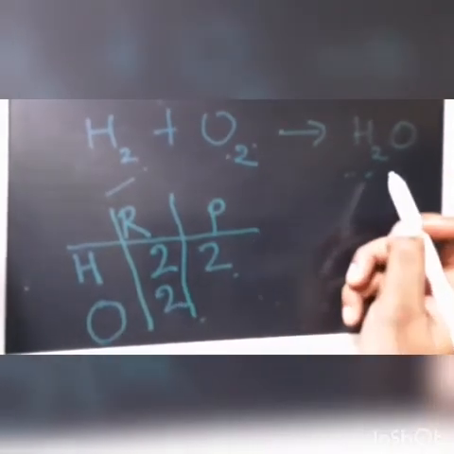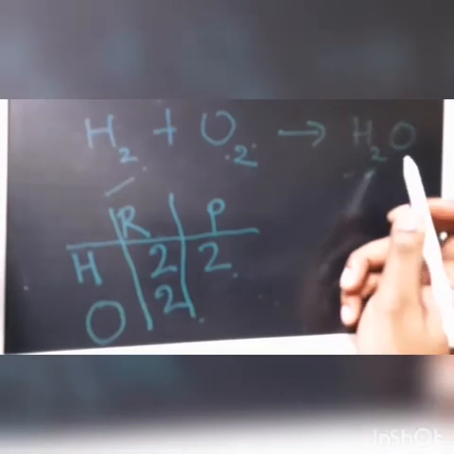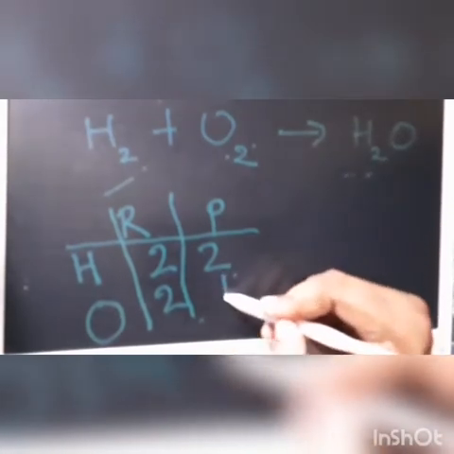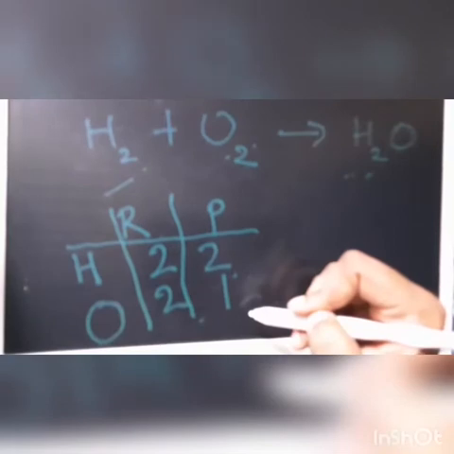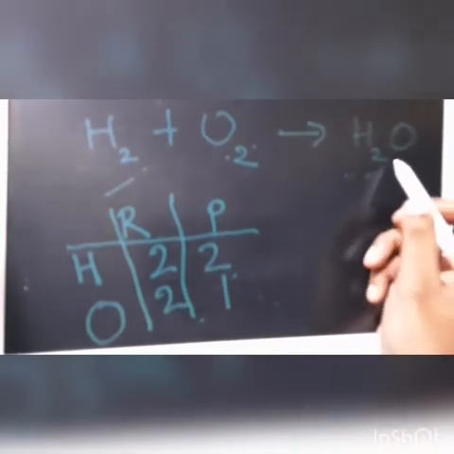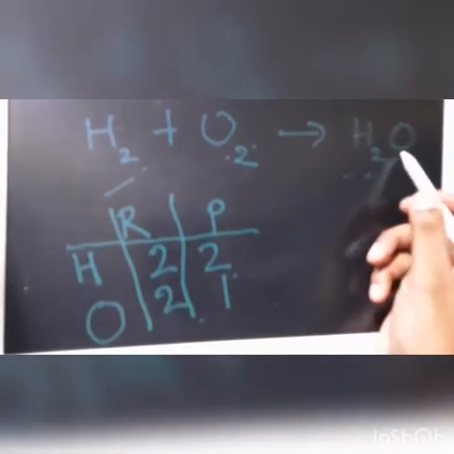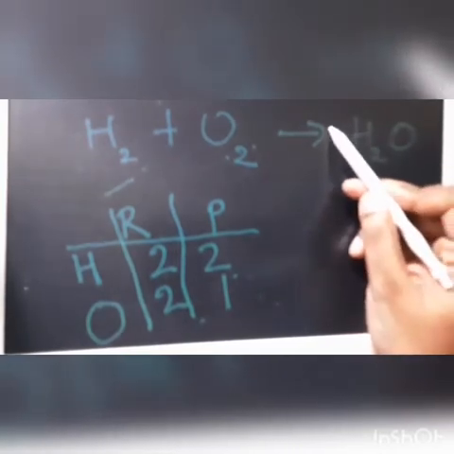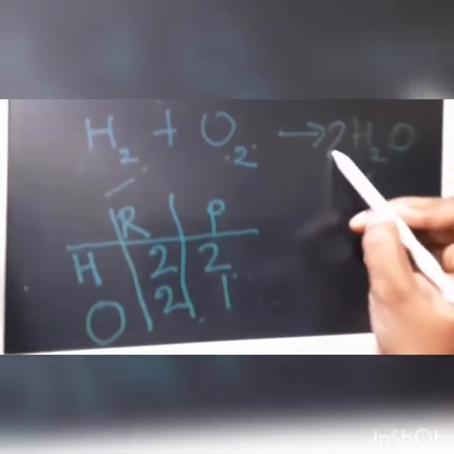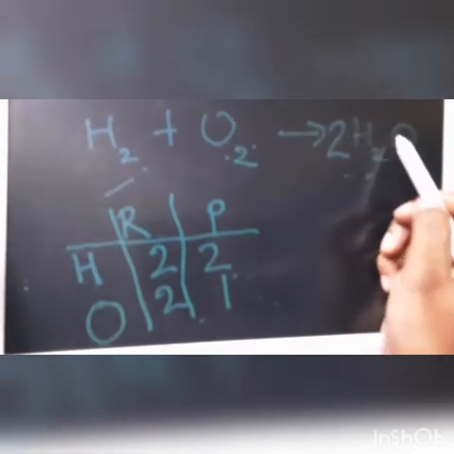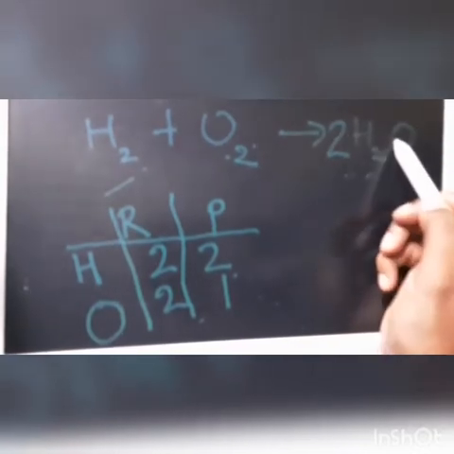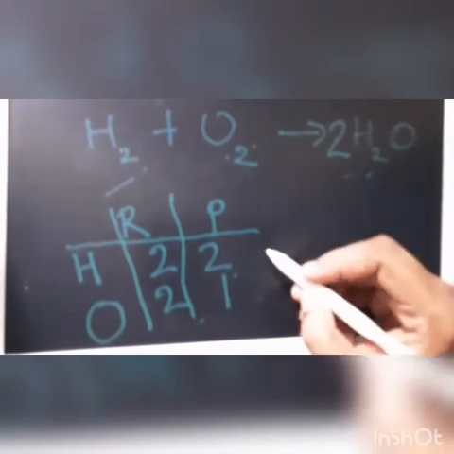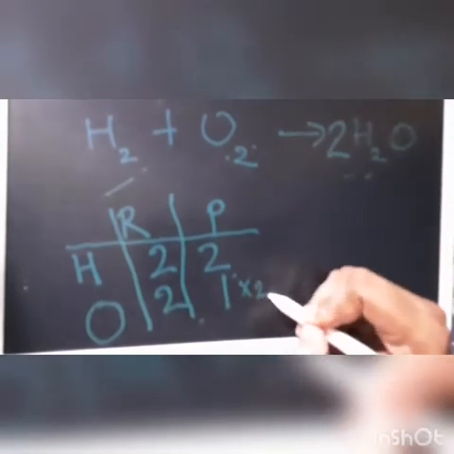And in the product side, 1. So there is no balance here. In order to balance this, I need 2 oxygen. So I will put a 2 here, that means 2 into 1, 2 oxygen.